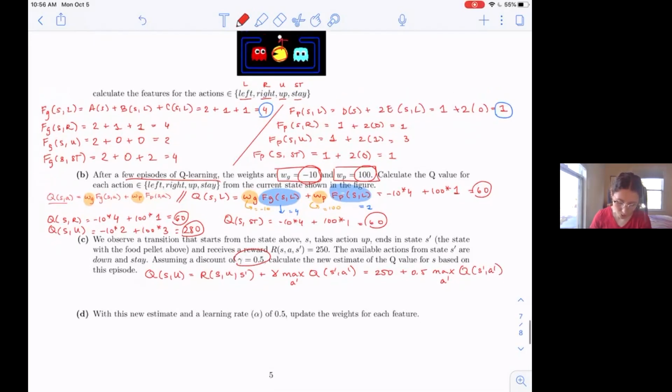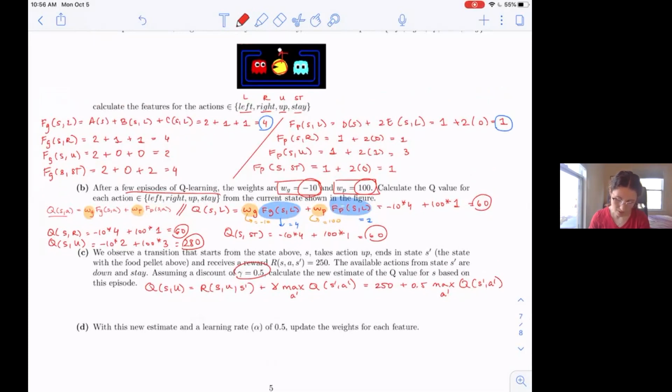Well, we're told that at the next state, the only available actions are down and stay. So we know that it's going to be 250 plus 0.5 times the max between Q of S prime, down and Q of S prime, stay.